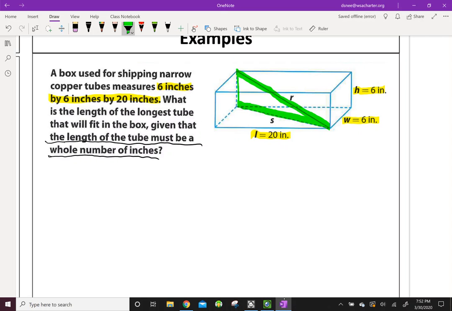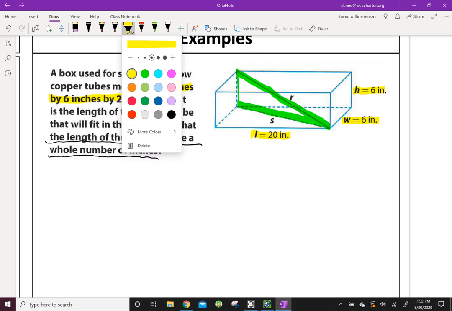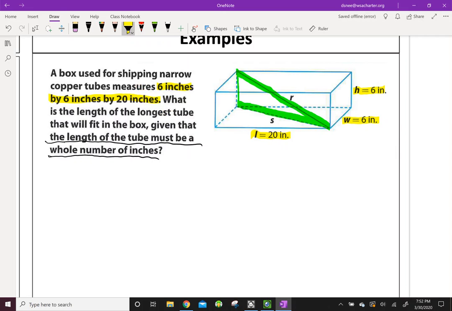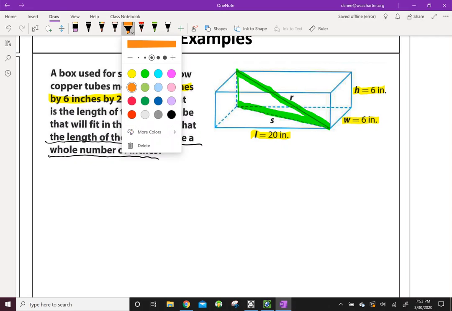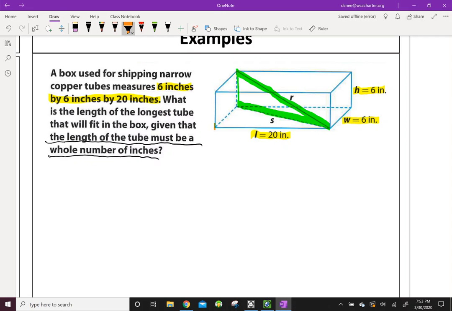But to find that using the Pythagorean theorem, first I need to find that first hypotenuse. I need to find the length of S, right?